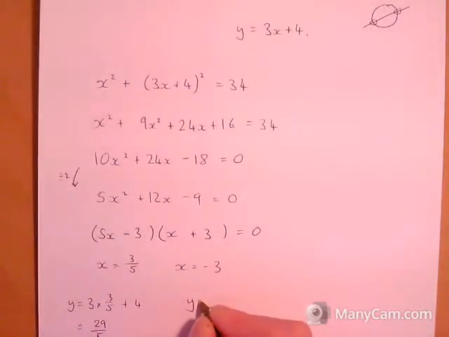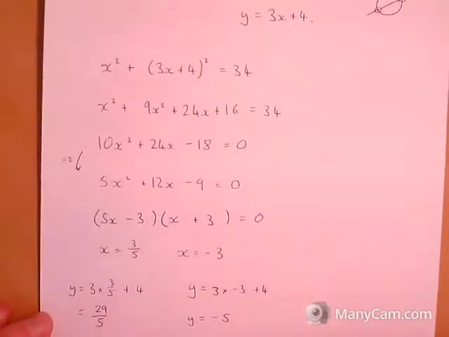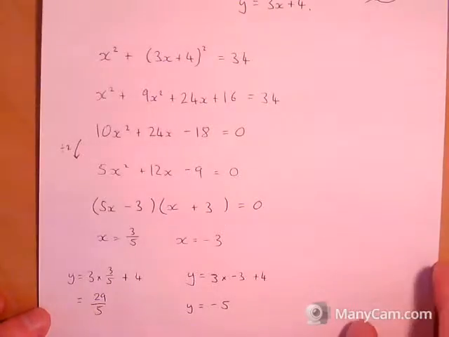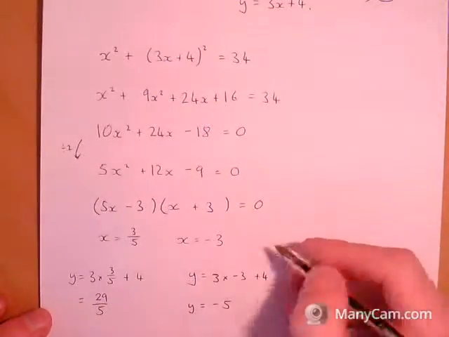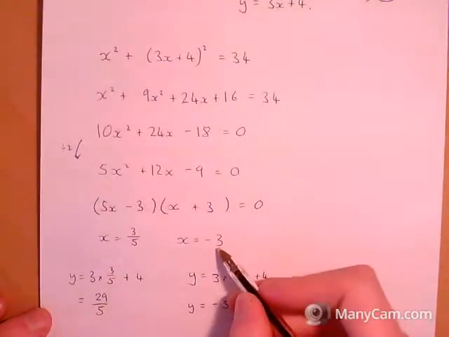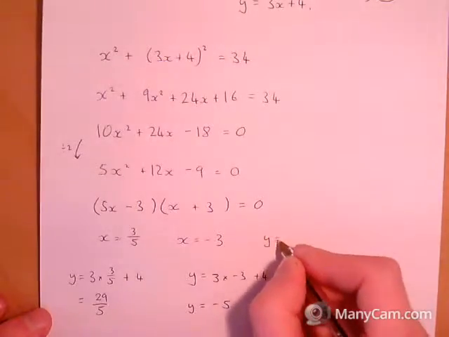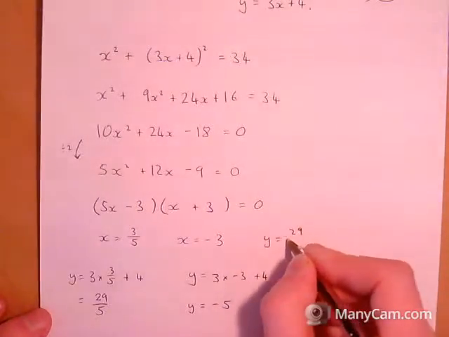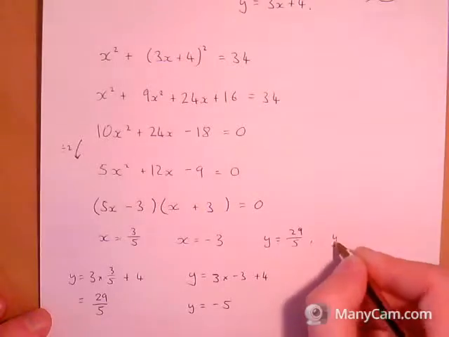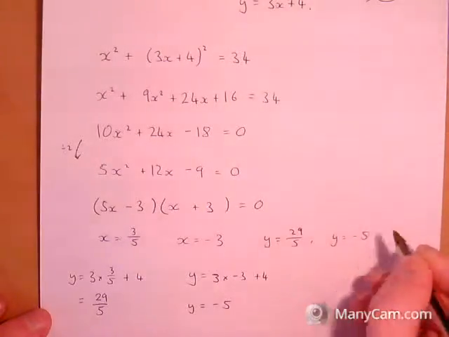On the other side, we've got y equals 3 times minus 3 plus 4, which ends up giving me y as minus 5. So my four values for x and y: x is 3/5, x is minus 3, y is 29 over 5, and y is minus 5.